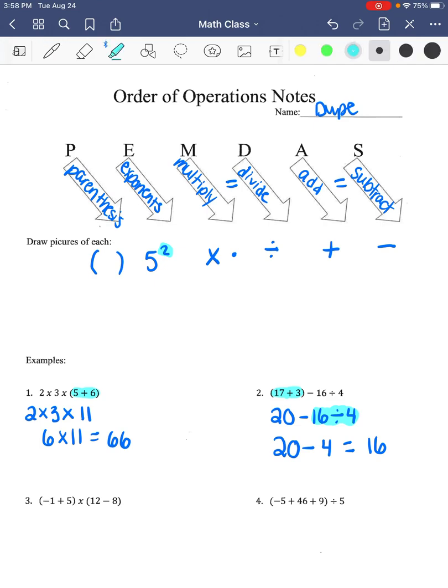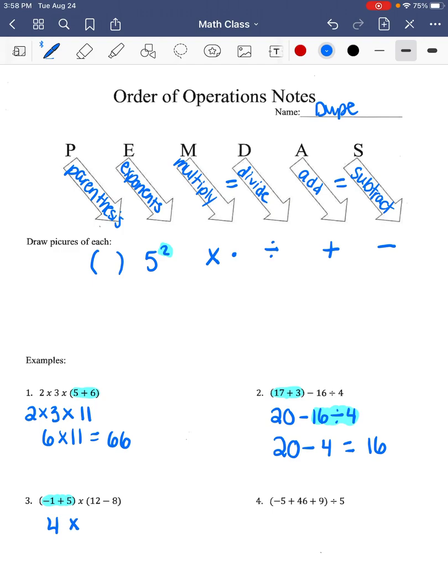So number 3, we have 2 sets of parentheses, and that's totally okay. We're just going to take care of one set at a time. So this first set of parentheses says negative 1 plus 5. Negative 1 plus 5 is basically saying you owe your friend $1, but somebody else is giving you $5. So if you already owe a friend $1, but you get $5, you really only have $4 to play around with.